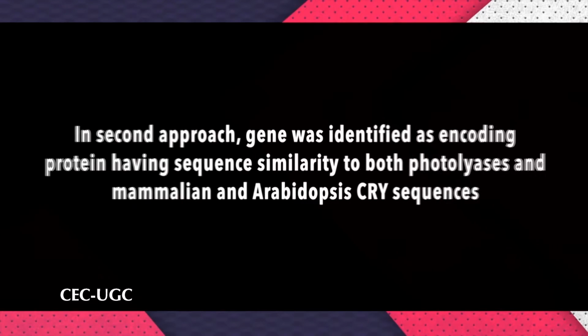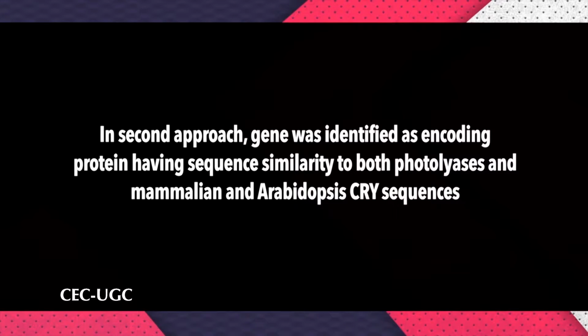This CRY mutant exhibited arrhythmic luciferase expression. In the second approach, the gene was identified as encoding a protein having sequence similarity to both photolyases and the mammalian and Arabidopsis CRY sequences. This led to the idea that this gene encodes a Drosophila blue light photoreceptor.